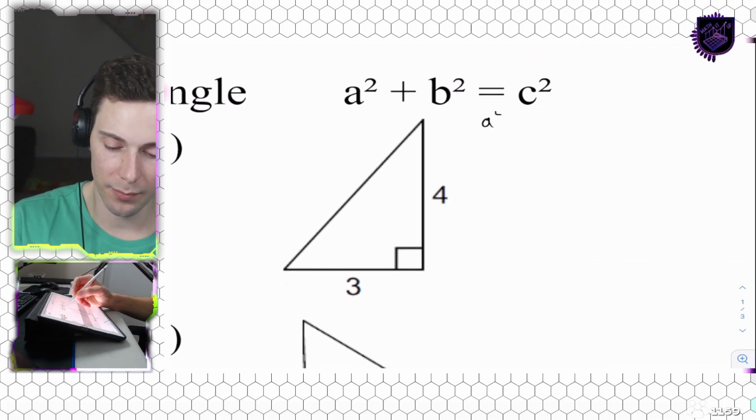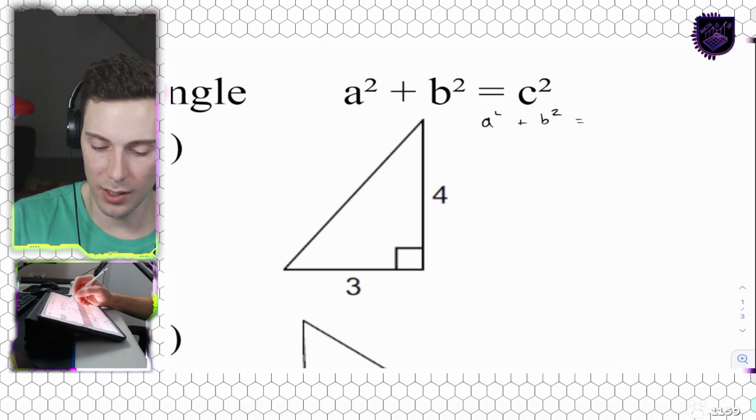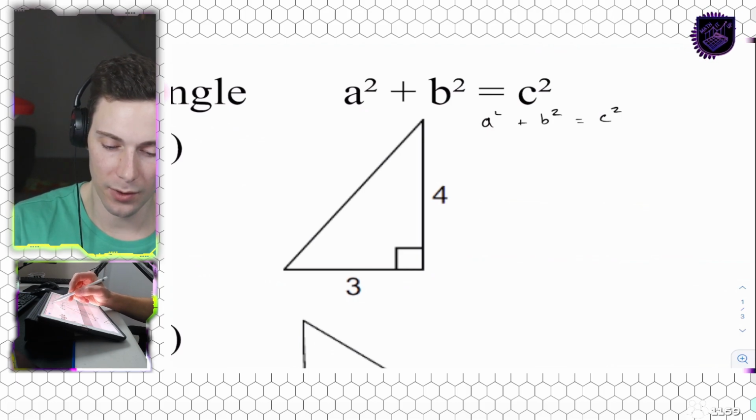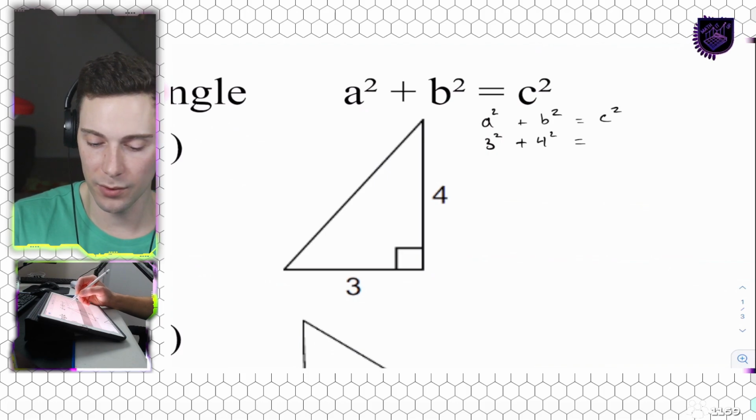A squared plus B squared is equal to C squared. Just going to rewrite that square. So 3 squared plus 4 squared is equal to C squared.